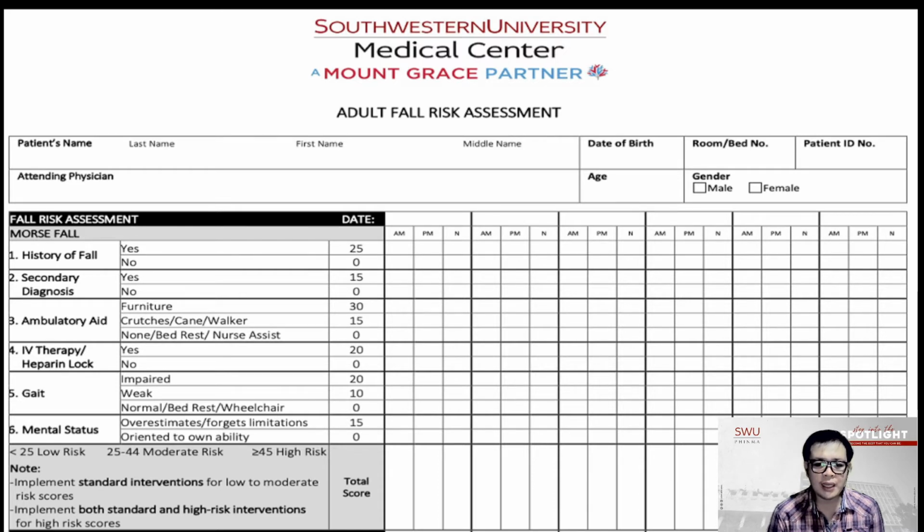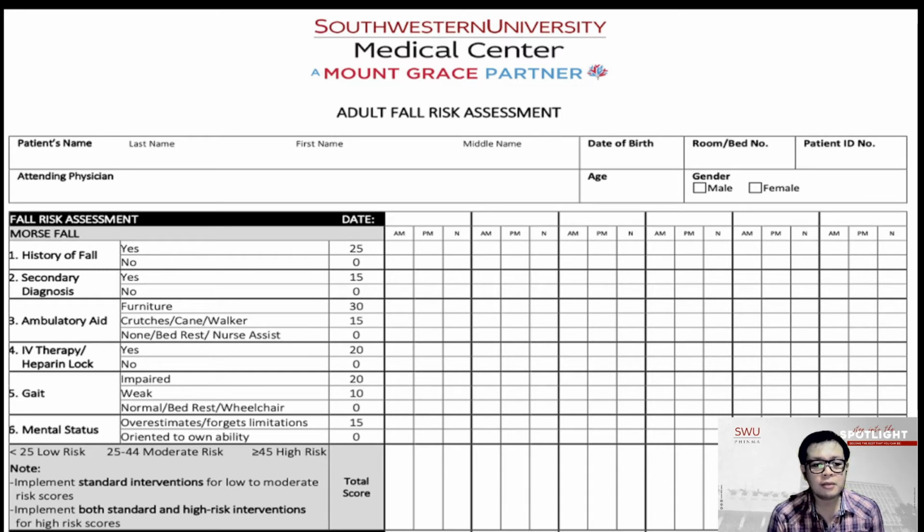And when you say weak, your patient couldn't really ambulate, but still manages to get out of bed, but really needs certain assistance, and limbs are somehow weak, that can be considered as 10. And without any unusualities in terms of the gait of the patient, that is considered as 0.